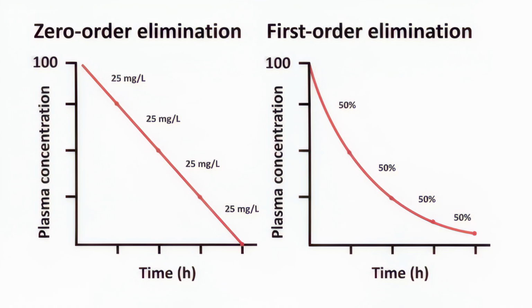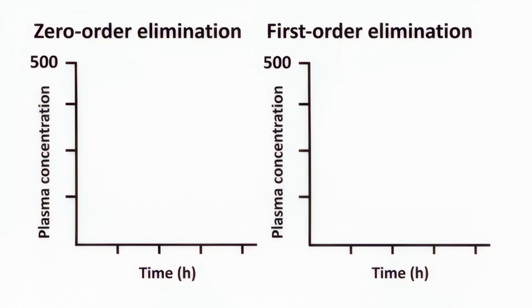But what if you'd started with a concentration of 500 milligrams per liter? With first-order elimination, still clearing about 50% of the drug per hour, you'd be at 250 milligrams after the first hour, and then 125 milligrams after 2 hours, 62.5 after 3 hours. You don't always eliminate 50% in an hour, that's just the example we're using.